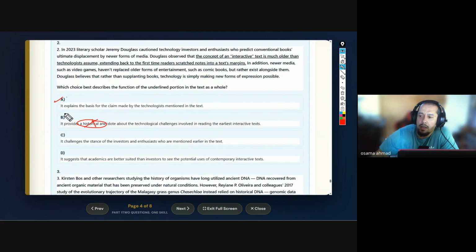It's A. It explains the basis for the claim made by technologists mentioned in the text. The technologists say that it will be replaced by newer forms of media. And Douglas says this idea is very old, extending back to the first time readers scratched notes in text margins. So this shows us where this idea came from.